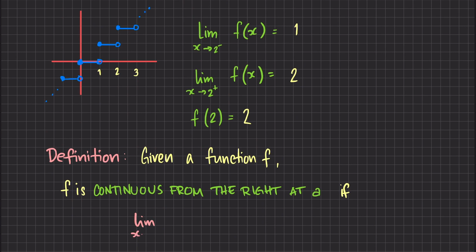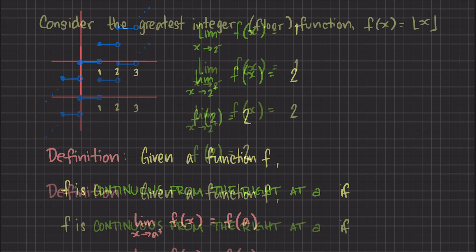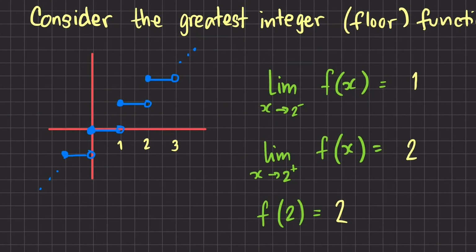So, the limit as x approaches a from the right of f of x pag equal siya dun sa function evaluated at a. So, in our case, dito sa figure natin, the step function, the floor function, is continuous from the right at x equals 2. Kasi yung limit from the right as x approaches 2 is equal to 2, which is equal to the value of the floor function pag in-evaluate natin siya at x equals 2.